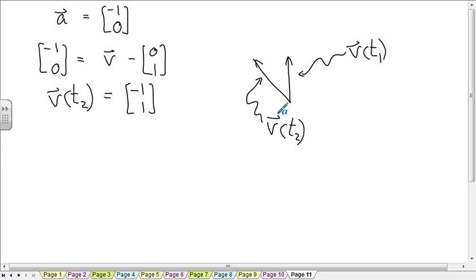So again, we have an acceleration vector, this time going to the left, and it's making the object turn to the left. Okay? So, notice.